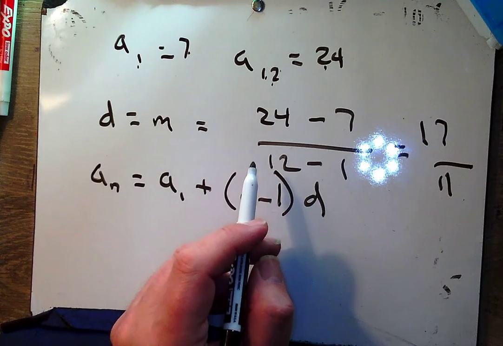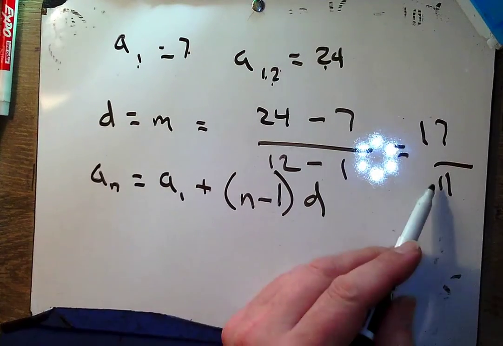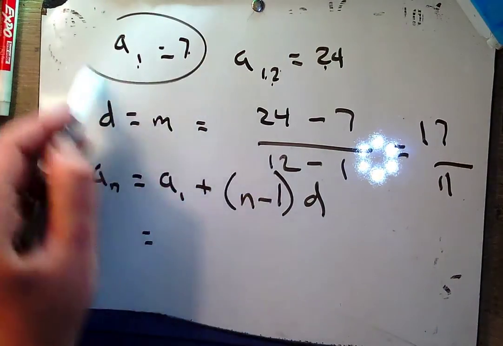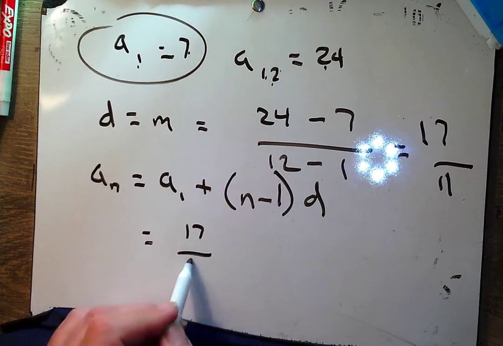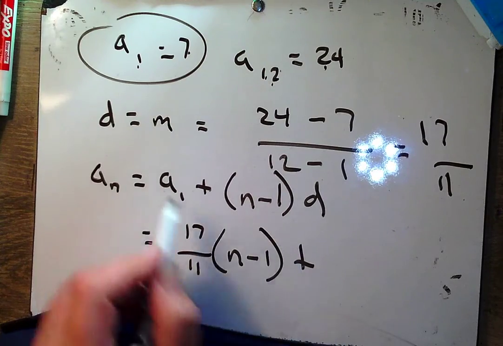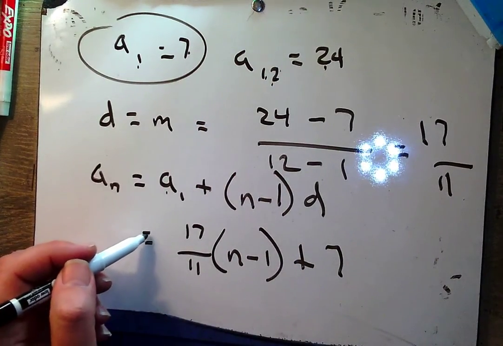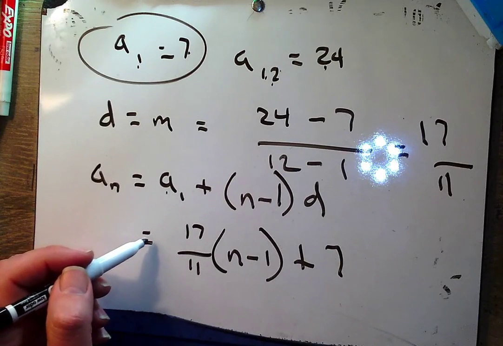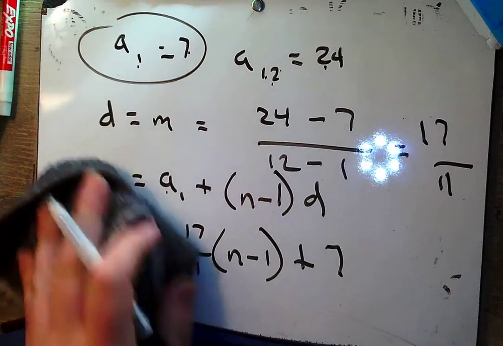Good. Okay. Well, we have this d value, and a sub 1 was given to us. So I'm going to have 17 over 11 times n minus 1 plus a sub 1 is 7. That's pretty much exactly D. So, yeah, I'm going with D for number 5.